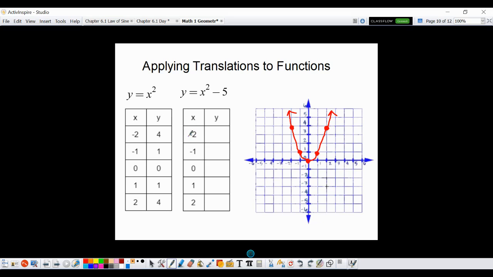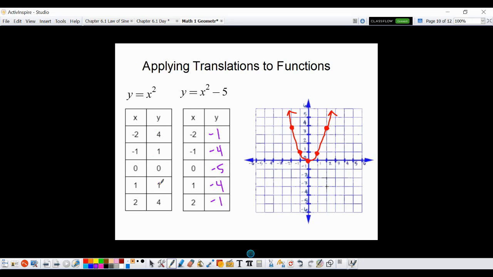Negative 2 squared is 4 minus 5 is negative 1. Negative 1 squared is 1 minus 5 is negative 4. 0 squared is 0 minus 5 is negative 5. 1 squared is 1 minus 5 is negative 4. 2 squared is 4 minus 5 is negative 1.